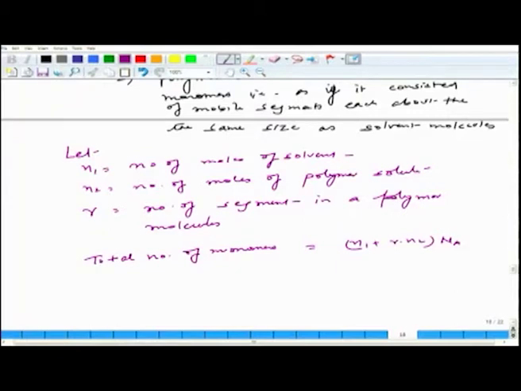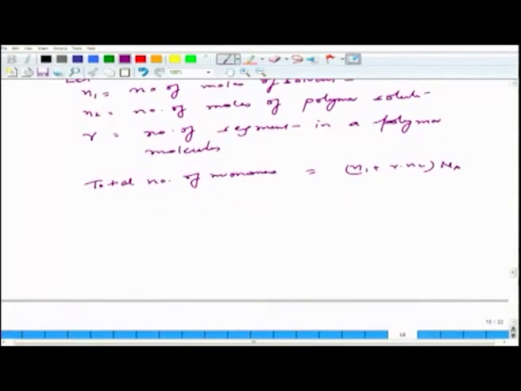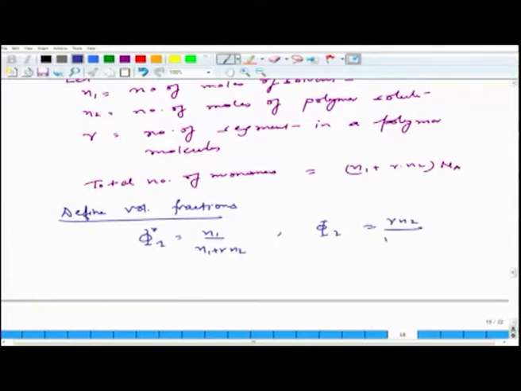Now, for simplicity, we also define volume fraction. So, phi 1 star is N1 divided by N1 plus r N2, and phi 2 star is r N2 divided by N1 plus r N2.